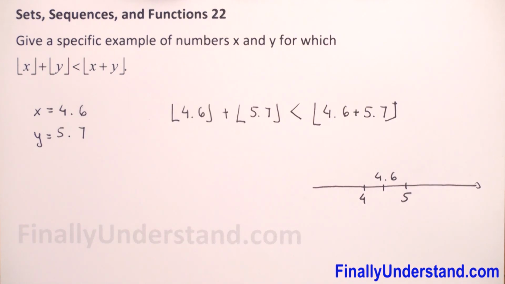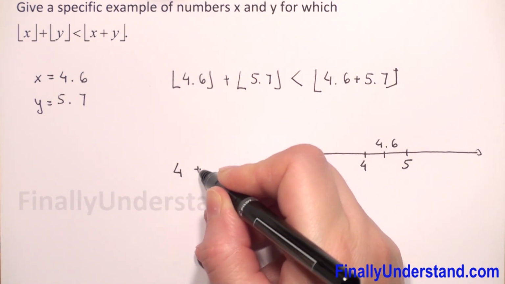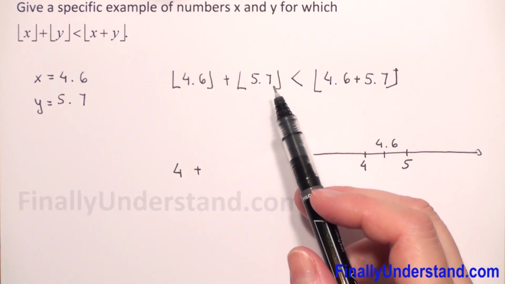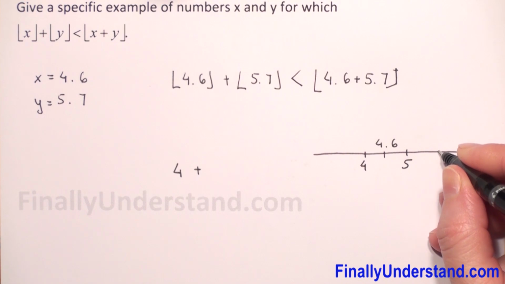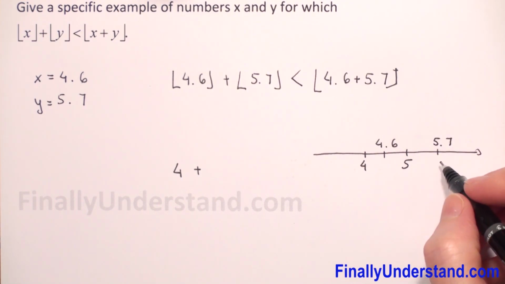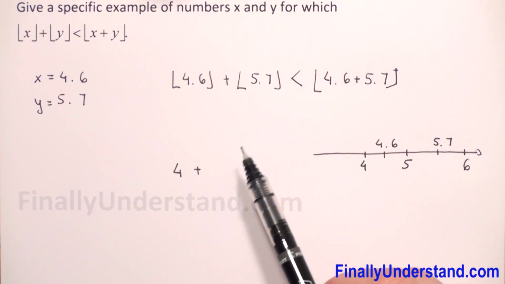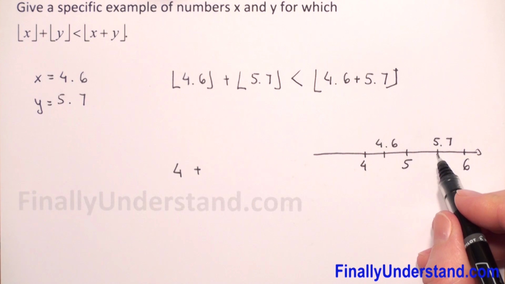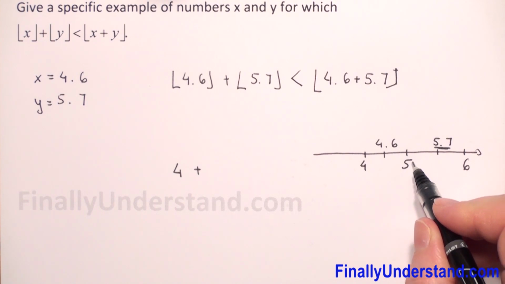So we have floor of 4.6 is equal 4, and we have plus floor of 5.7. 5.7 is between 5 and 6. And again, when we have floor, we always look to the left side of our number. And for 5.7, the first integer on the left side is 5.